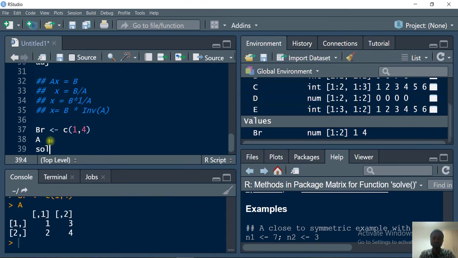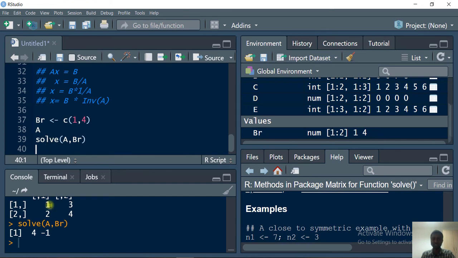So if I say solve A, comma BR, this result 4 minus 1 is obtained in this particular dimension, B multiplied by the inverse of A. Because what is going on here is, don't forget, this is A multiplied, we're using matrix multiplication, times X equals B. And so that was the equation we rearranged to get what we have in line 35.